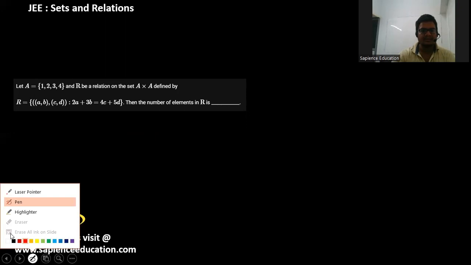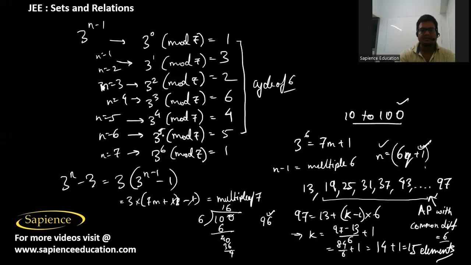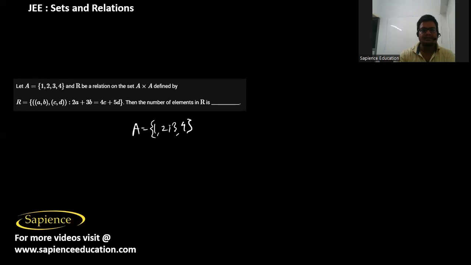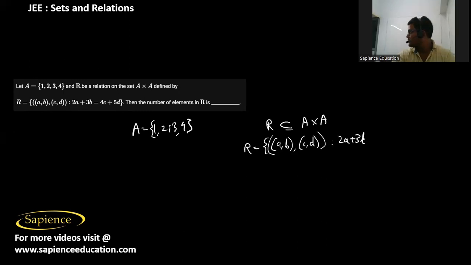So here it is told that A is a set. Set A is 1, 2, 3, and 4. Then R is a relation on the set A. So R is a subset of A cross A, where the relation R contains the ordered pair (a, b), (c, d) if 2a plus 3b is equal to 4c plus 5d.